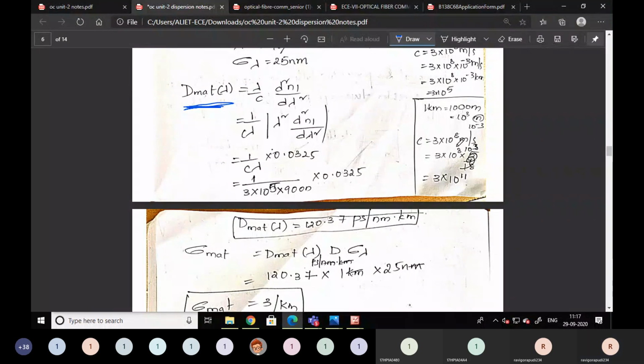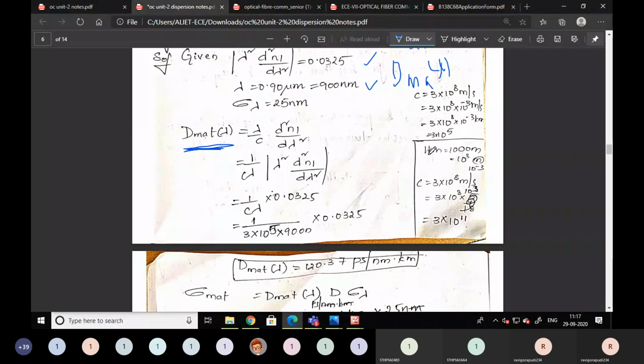That's why I'm going to take it in terms of kilometers: 3 into 10 power 8 meters per second is 3 into 10 power 8 into 10 power minus 3 kilometers per second, so you get 3 into 10 power 5.